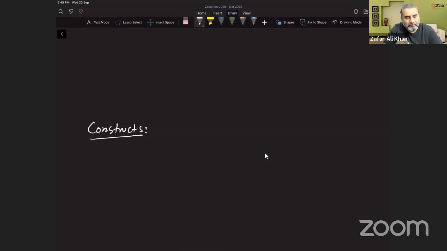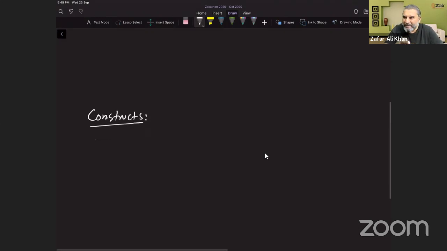Whatever program in whatever form that you write, no matter if it is pseudocode, no matter if it is language code, they are made up of these basic following constructs.